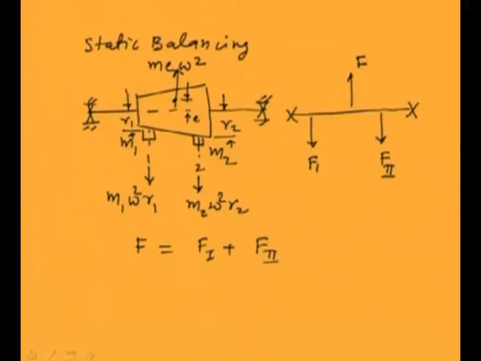First is this, and another is, let us say, L1 and L2 are the distances, so F1 L1 should be equal to F2 L2. So the first equation is ensuring that the unbalance is getting balanced by the correction masses.